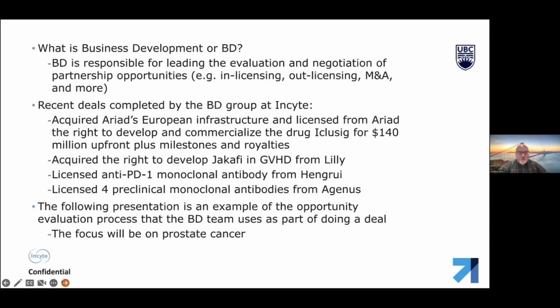They acquired different, Ariad, et cetera. They acquired the right to develop Jakafi. They've got an antibody. And so, I would say Incyte's one of the bigger biotechs, and they've got some money from one of their lead products. And they've decided from a strategic standpoint that they're going to focus on prostate cancer.